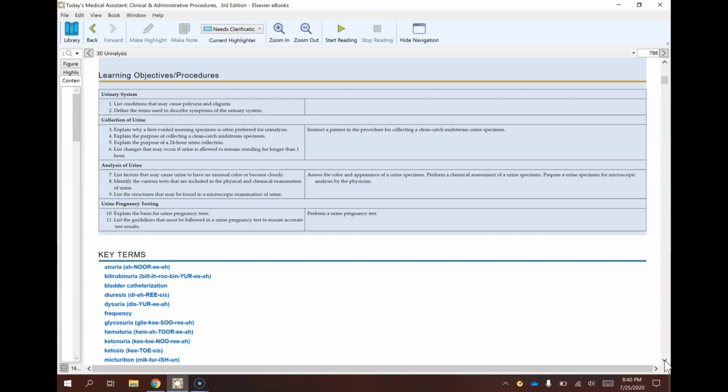And in our lab, we use what we call dipsticks to determine whether there's blood in the urine or glucose in the urine. And then lastly, when analyzing the urine, talking about the type of cells that might be found in the urine.